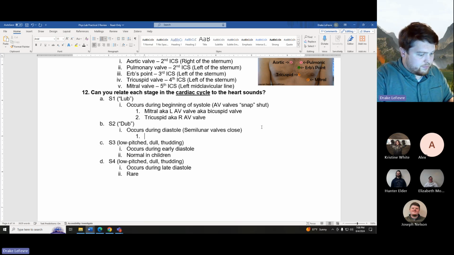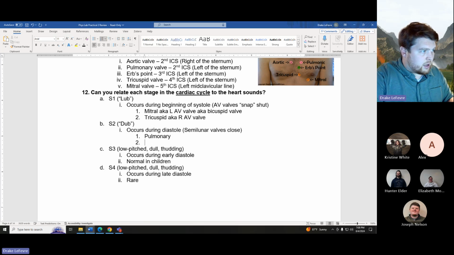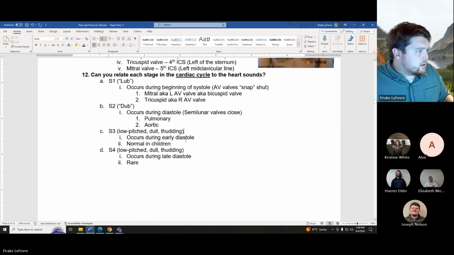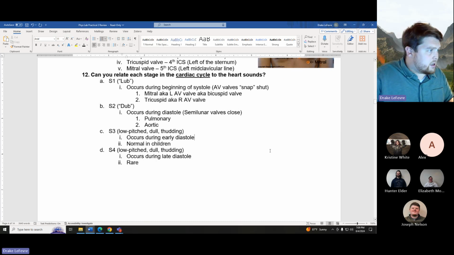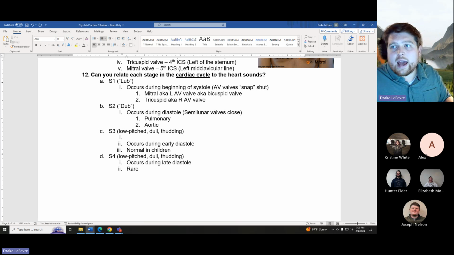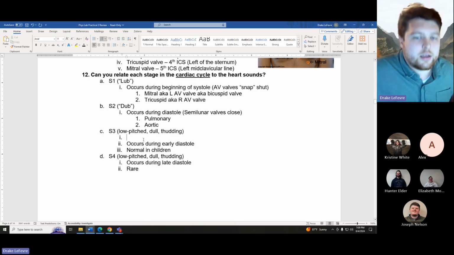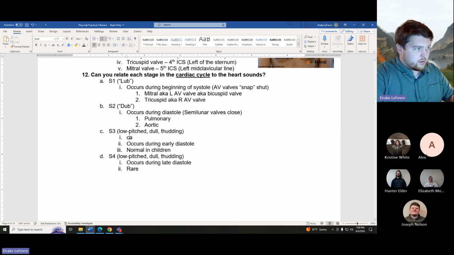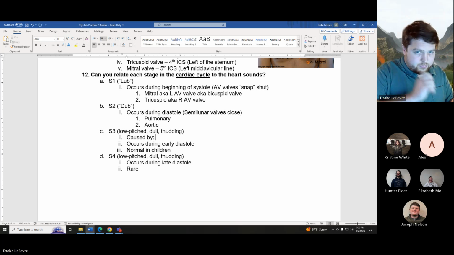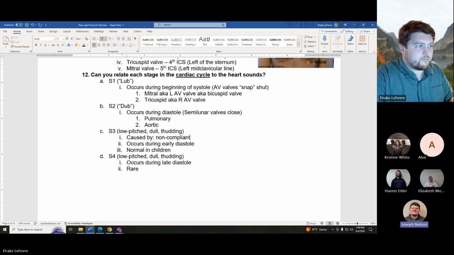Semilunar valves close. It occurs during diastole. We have the pulmonary and aortic valves. S3 occurs during early diastole. Can anybody tell me what actually is the S3 heart sound? What causes the S3 heart sound? It's the blood hitting the bottom of the ventricle, just splatting on the bottom of it.